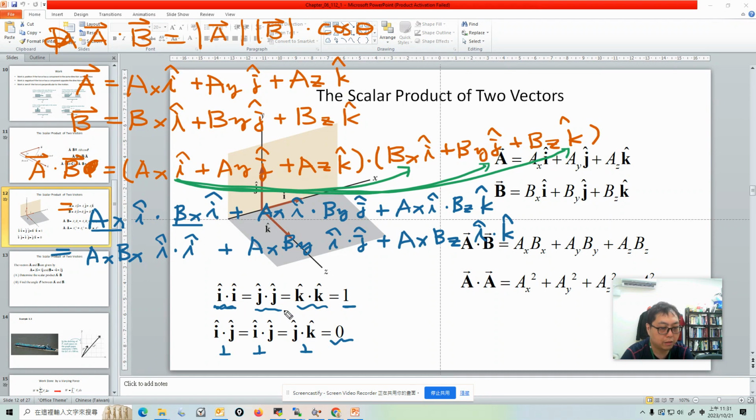So the same unit vector dot product is always 1, and different unit vectors give 0. Using this property, the different unit vector terms become 0, leaving Ax Bx, since i dot i is 1.